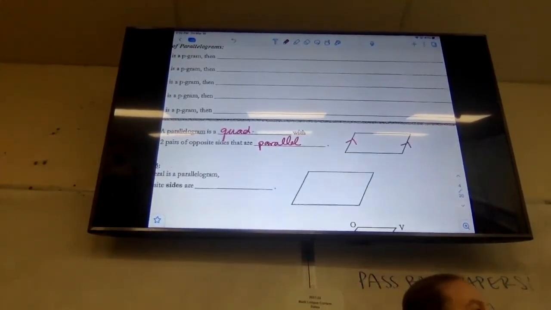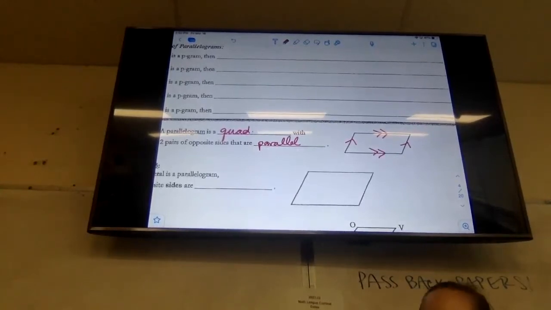On one pair of sides, I'm going to draw 1 arrow. And then on another pair of sides, I'm going to draw 2 little arrows. It doesn't matter. I think it more matters that there are 2 of them or 1 of them versus going the same way. But the little arrows in general mean parallel.